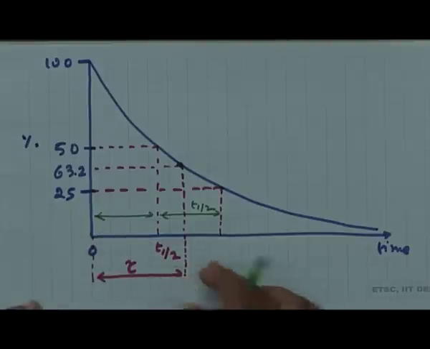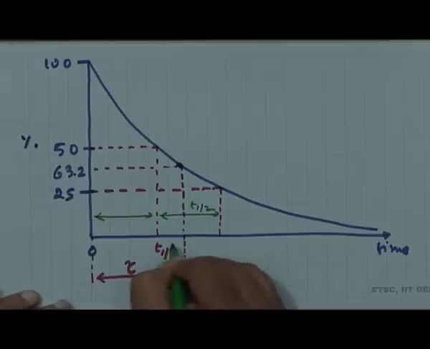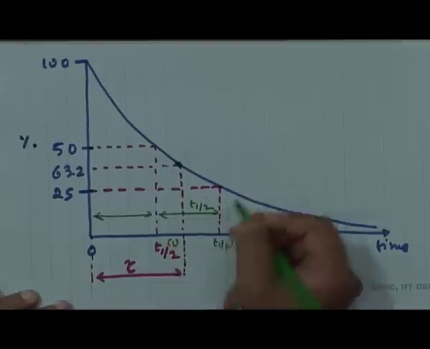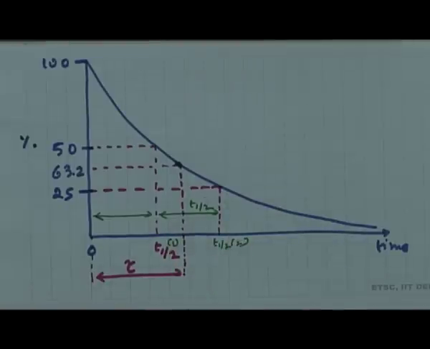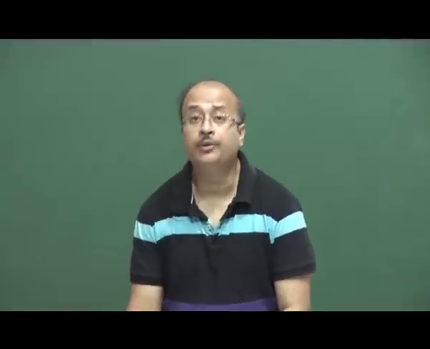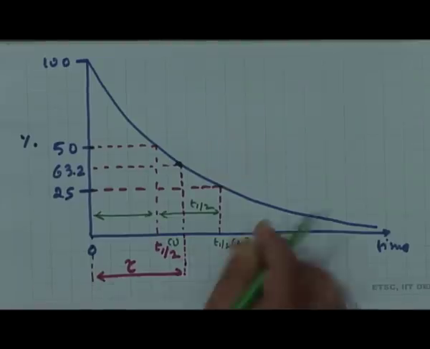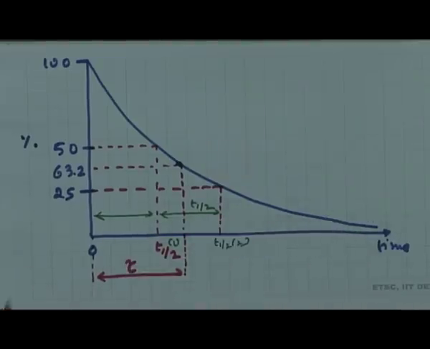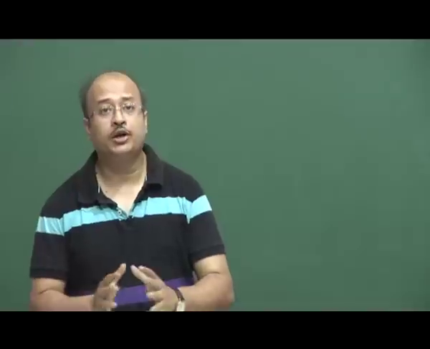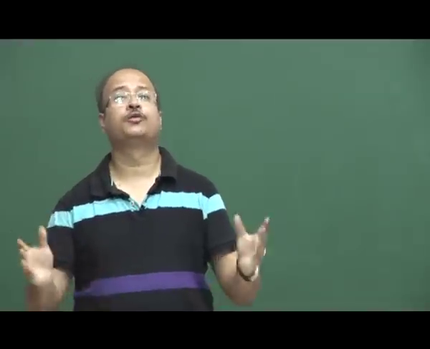If I say this is T half 1, this is T half 2, from here to here. Then if I go to T half 3, again that stretch would be equidistant, that means they would be exactly the same. So, this plot is telling you a lot of things.